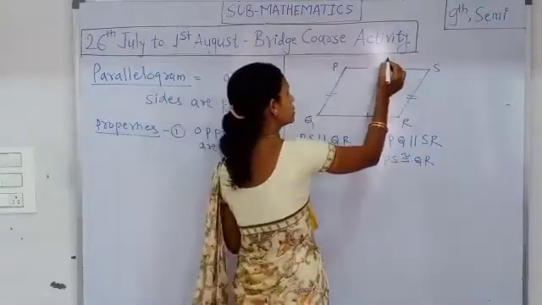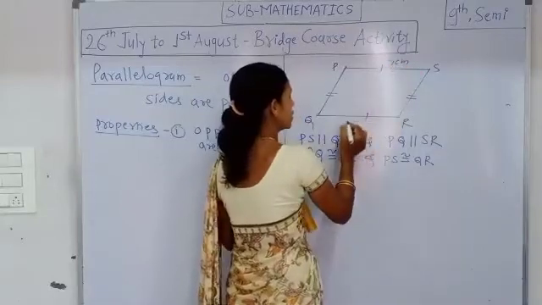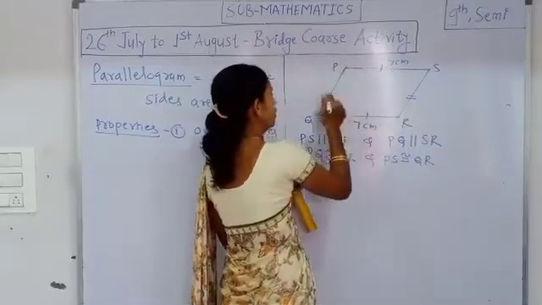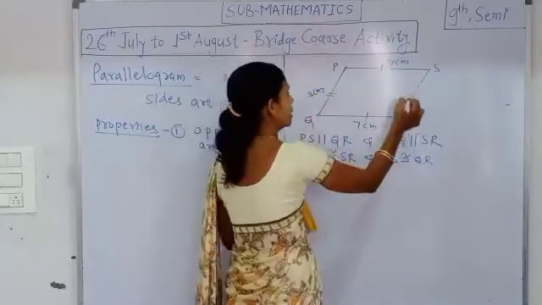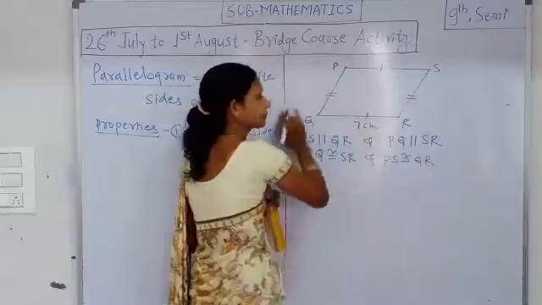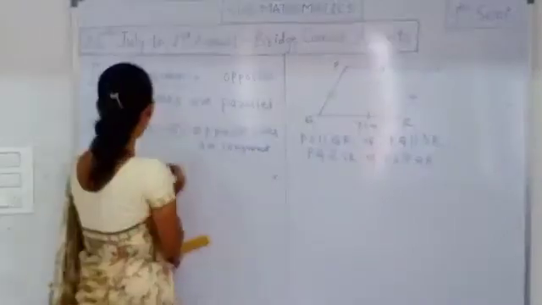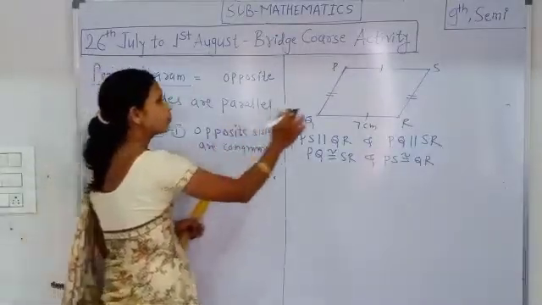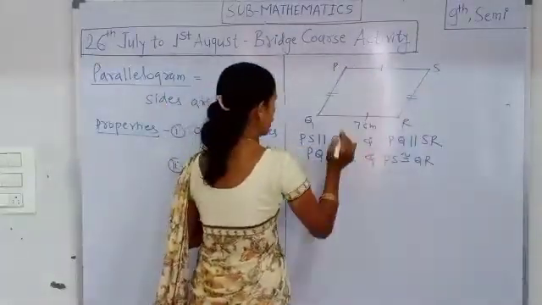That means if PS is 7 cm, then QR is 7 cm. PQ is 3 cm, then SR is 3 cm. Then one more property, that is, opposite angles are congruent.